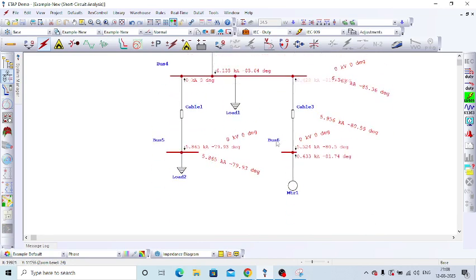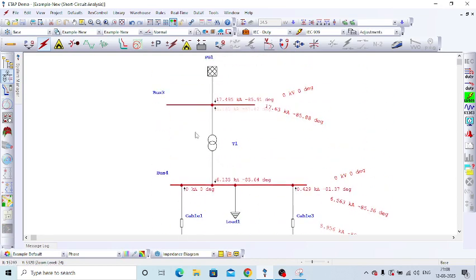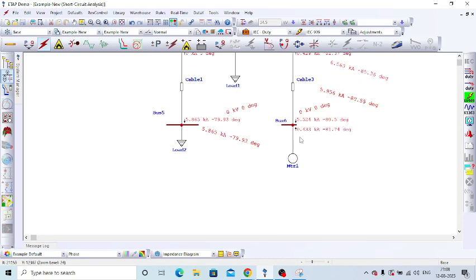But in this bus, bus number 6, 5.524 kilo ampere fault current is coming from the grid source to the fault point, and 0.433 kilo ampere of fault current is contributed by this induction motor. Because the induction motor has inertia, at the time of fault the motor will deliver some amount of fault current. That's what I explained in the last session.